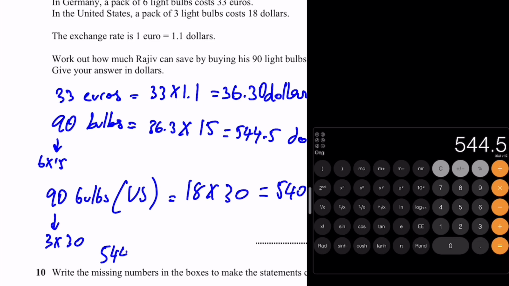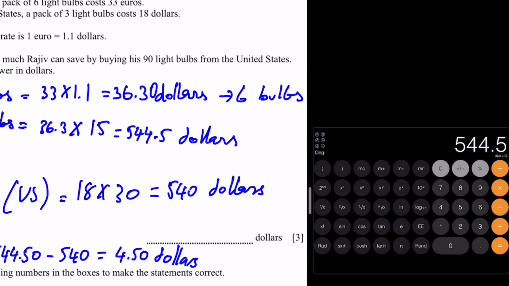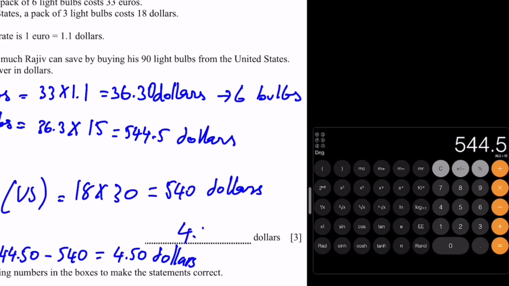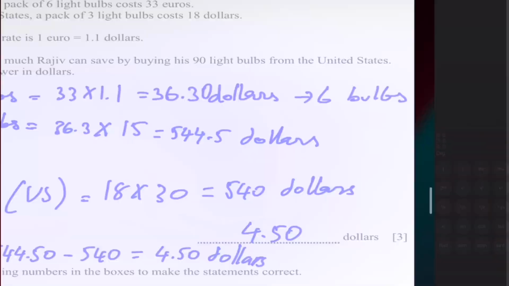Now we can subtract these two to get the amount of money saved as $4.50. And that is the answer which we can write. This is how much Rajiv can save.